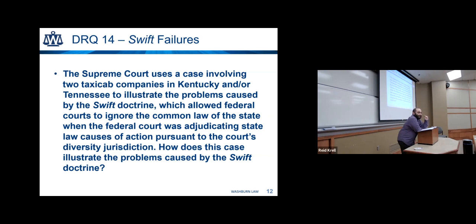But because it's a common law, judge-made doctrine that exclusive contracts aren't enforceable in Kentucky, by dissolving themselves and reforming as a Tennessee corporation, Brown and Yellow created diversity of citizenship, which created federal jurisdiction, which meant they could be in federal court, where the federal court would apply general principles of common law contract.